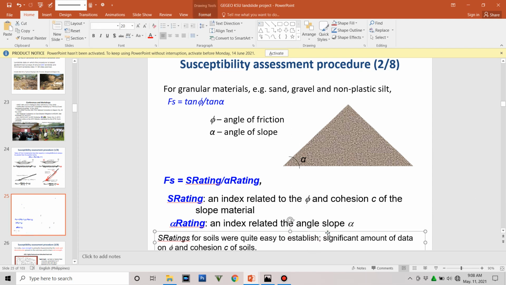So S rating for soils was quite easy to establish. There is a significant amount of data on phi. Phi is the angle of friction, along with the cohesion of soils. In laboratory tests, we can obtain this by the direct shear method.